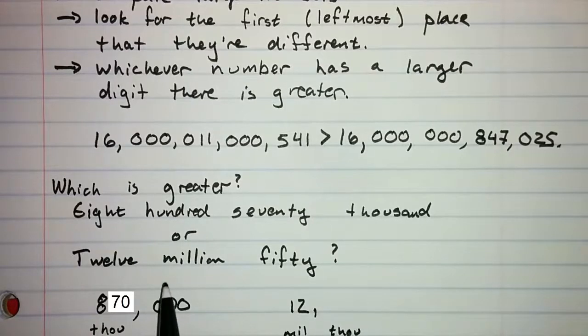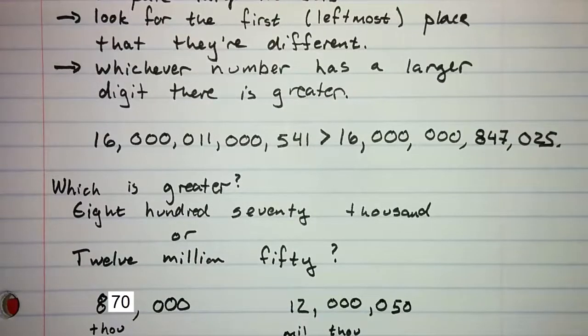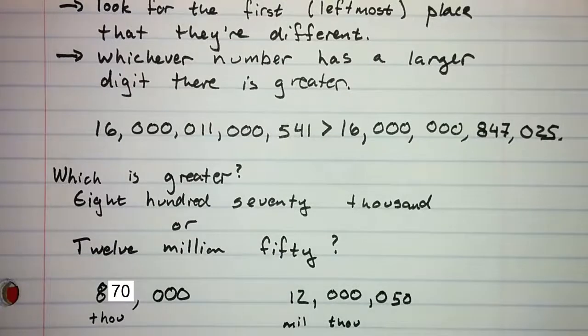What goes in the thousands group? Well, there's nothing here. And then in the units group, I want to write 50. That's no 150. What's the first place that these are different? Well, this number has a 10 millions place. This number doesn't. Right? We can think of this as no millions, no 10 millions.